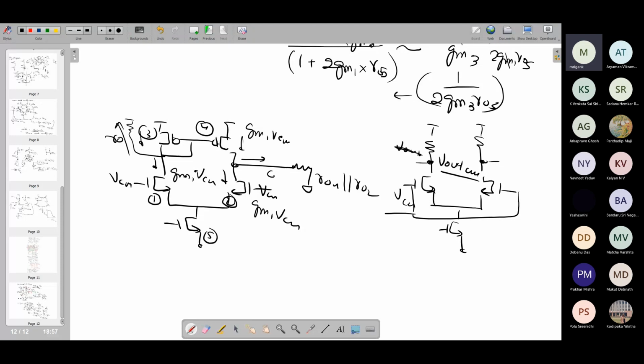So for a V in CM, when you're applying a common mode input, what is the V out CM? The output was taken single-endedly. If you're increasing the V in CM, both are going down a little bit. When you're reducing, both are going up a little bit. But in that case, we are not looking at the difference. We are just looking at both of them together.